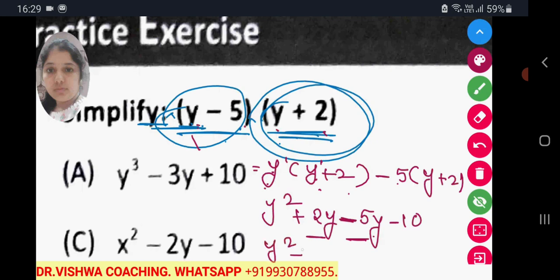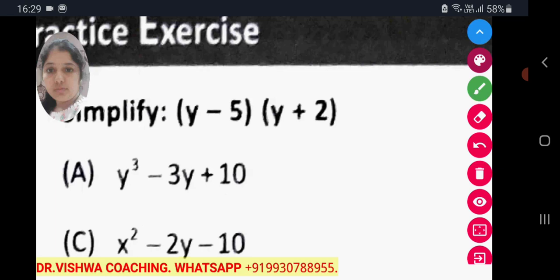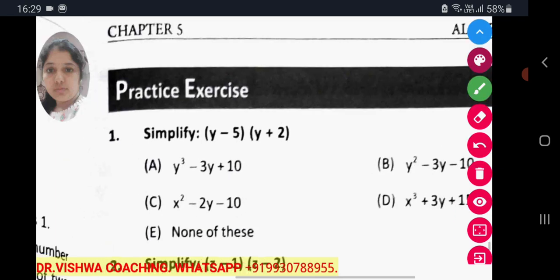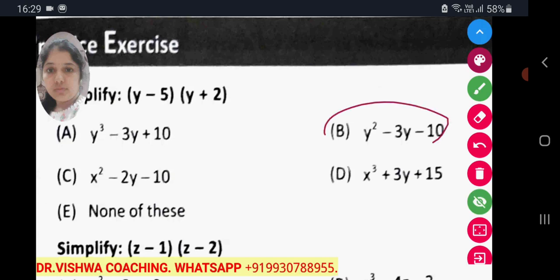So y square minus 3y minus 10 is your final answer. Now see, where is the option like y square minus 3y minus 10? Option number B is the correct answer.